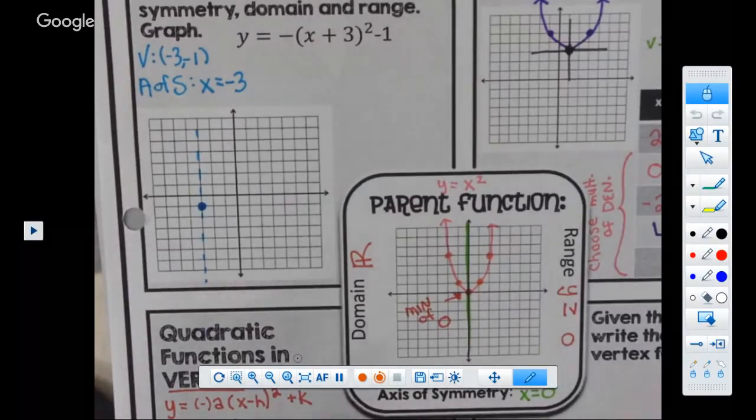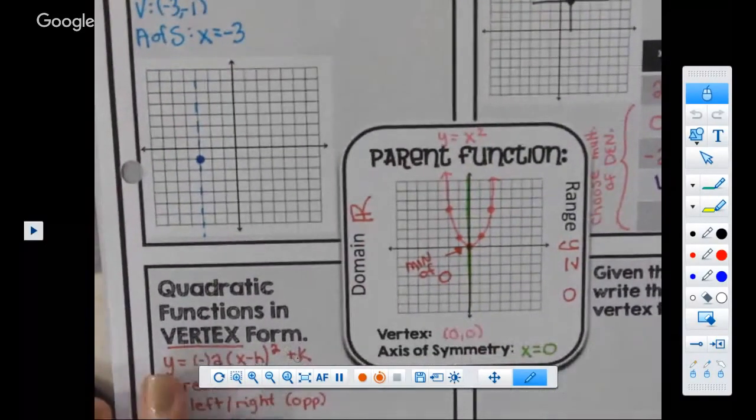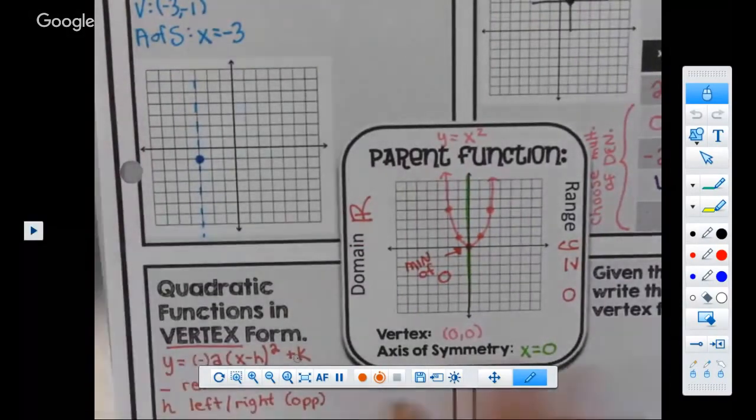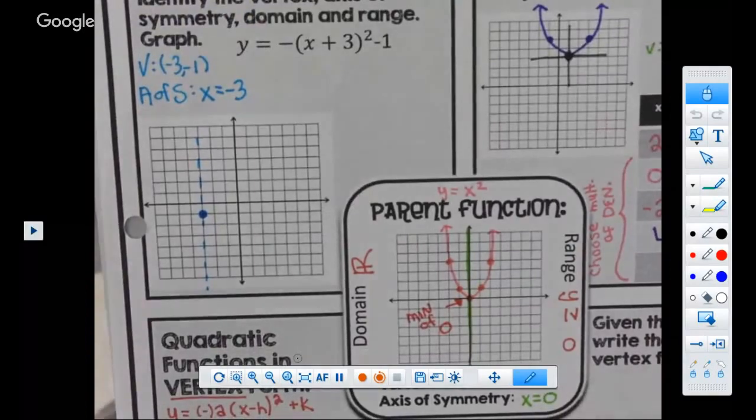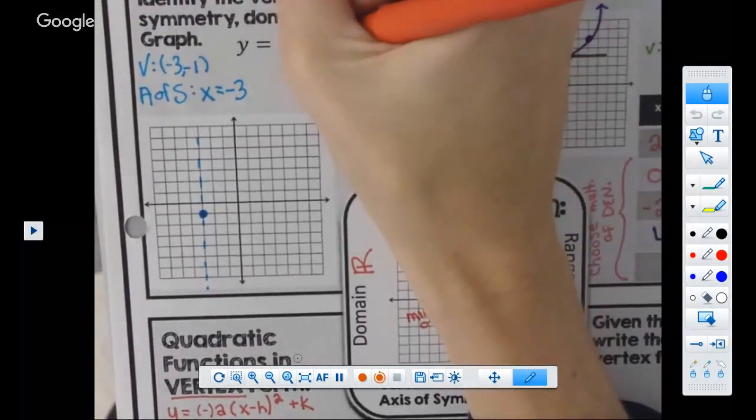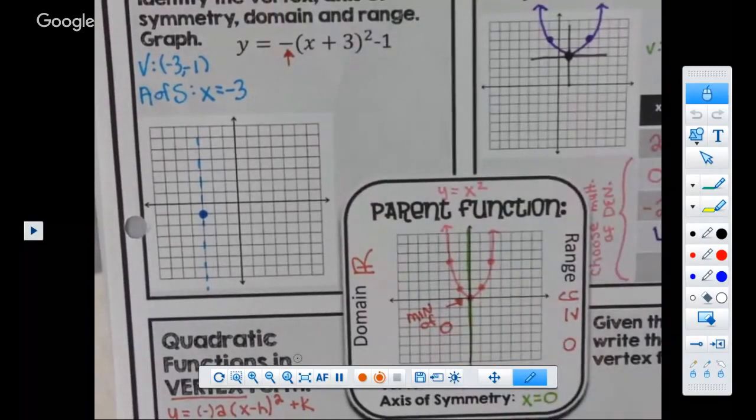All right, so let's talk a little bit about this. Let's talk about what's happening. I'm going to draw an arrow first to this negative. And what is that negative doing to my parent function?